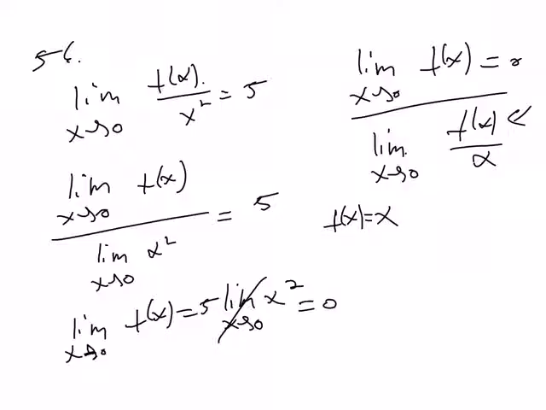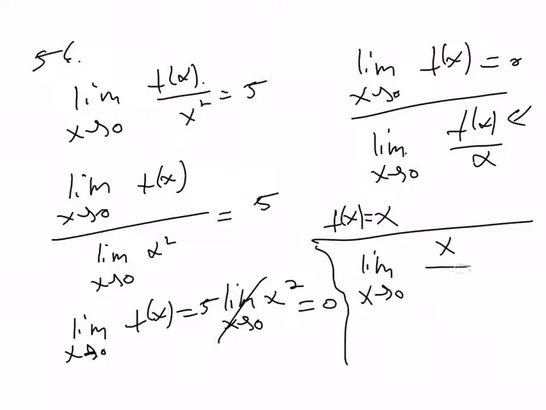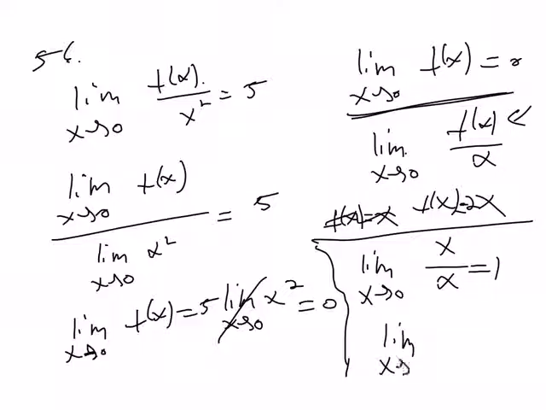And then over here, the limit as x goes to 0 of x over x is just 1. But let's say f(x) is equal to 2x. So over here again, it's satisfied. But over here, we're going to have the limit as x goes to 0 of 2x over x. And now we get 2. So I don't think we can really answer this question in any meaningful way.